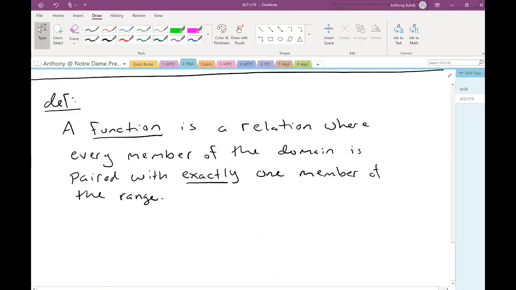So we say a function is a kind of relation where every member of the domain is paired with exactly one member of the range.